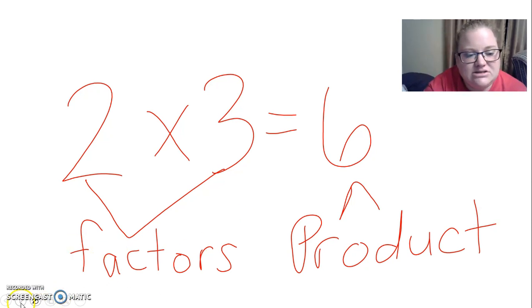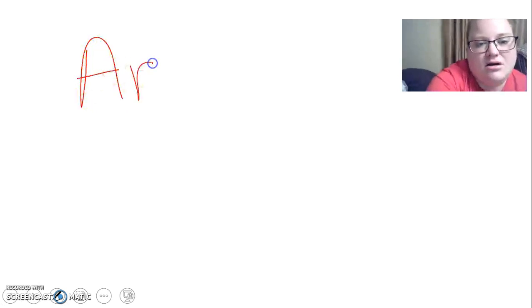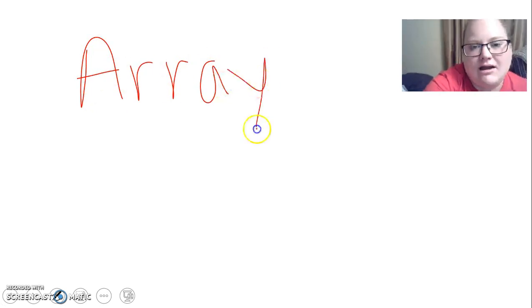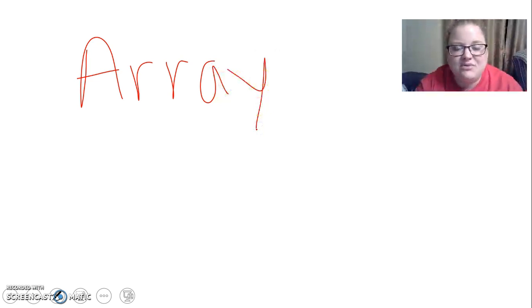Now, moving on to the next slide, we are going to talk about what an array is. An array is spelled A-R-R-A-Y. An array is a group of symbols or objects that are in rows and columns and demonstrate a multiplication problem.